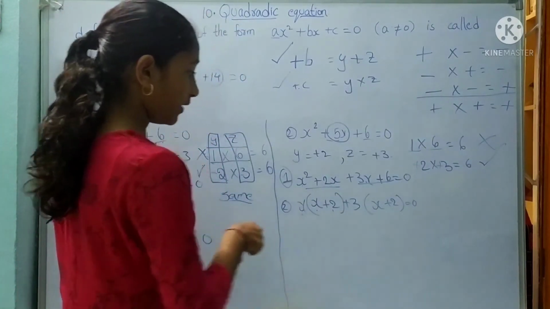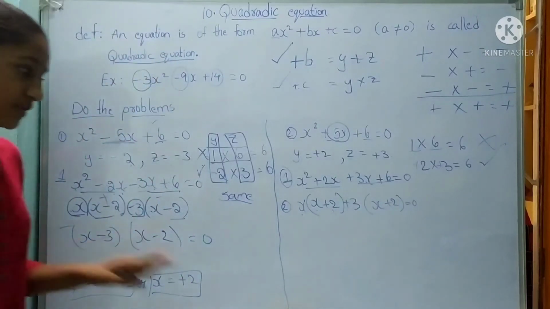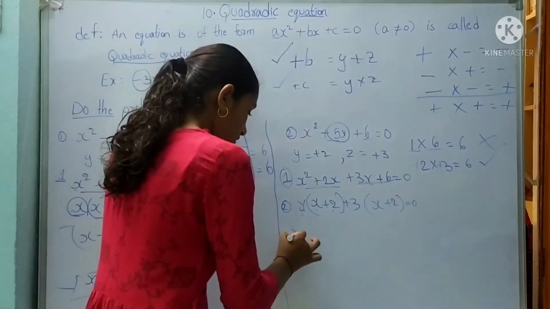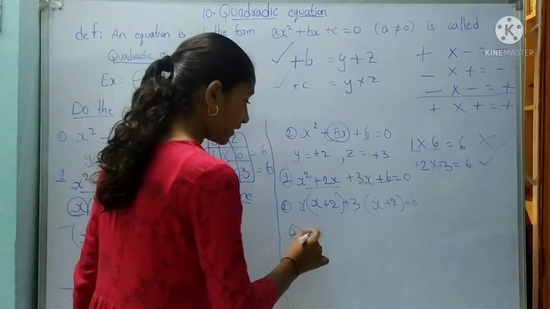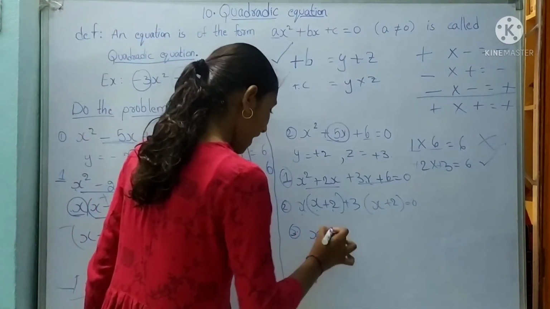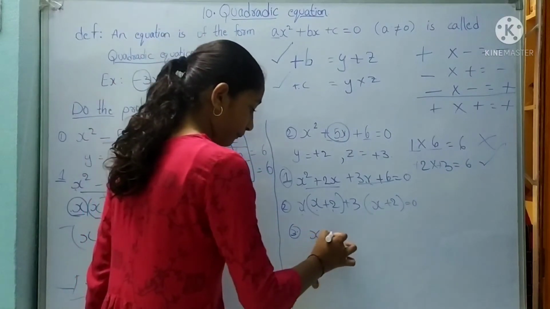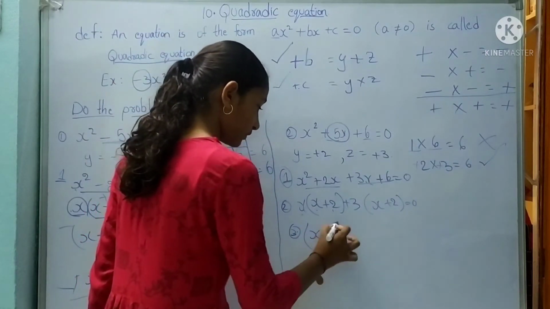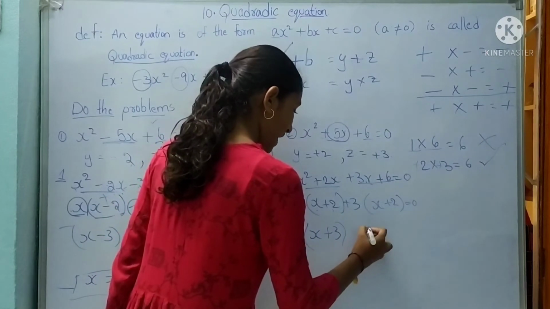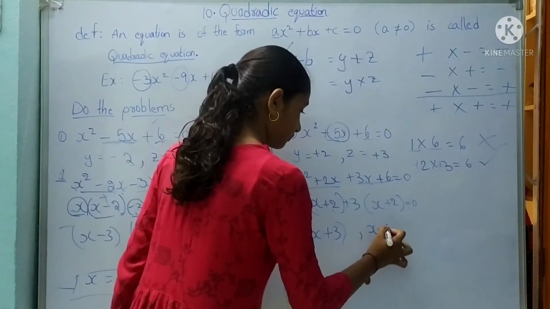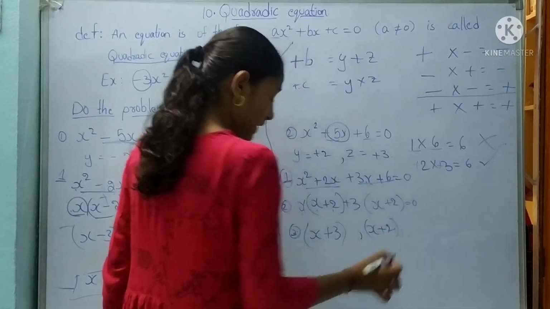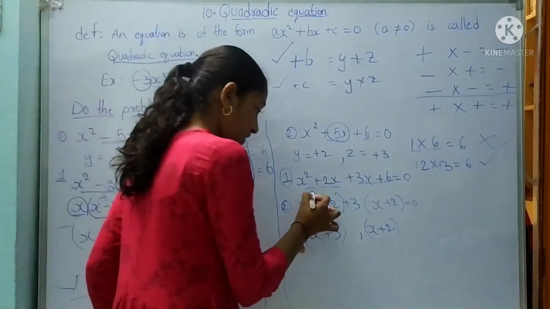So here we took the common factor and the second step is finished. And the third step we have to do is write x plus 3 and x plus 2. So here this is one pair.